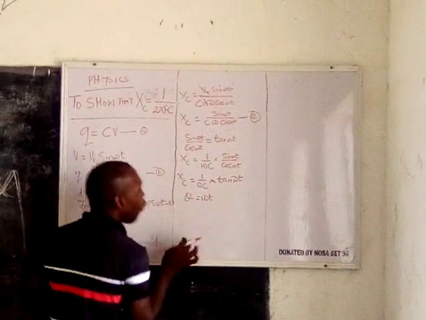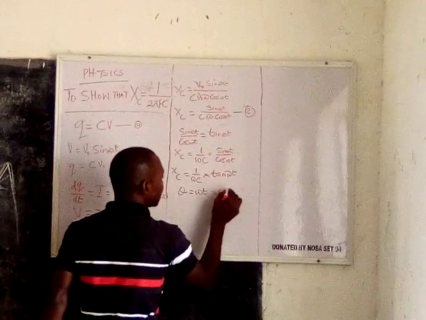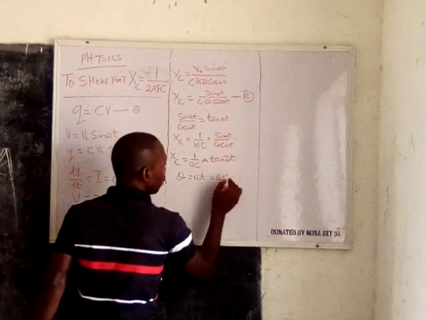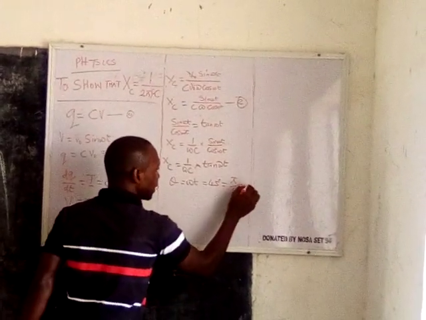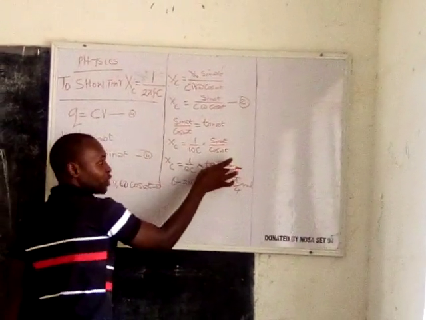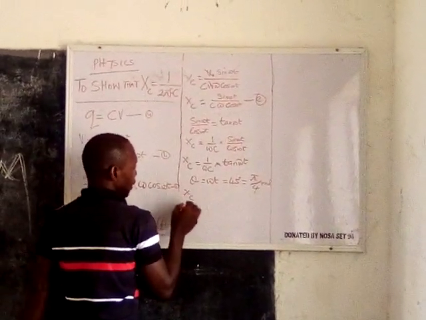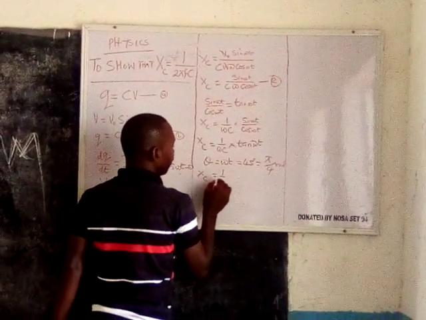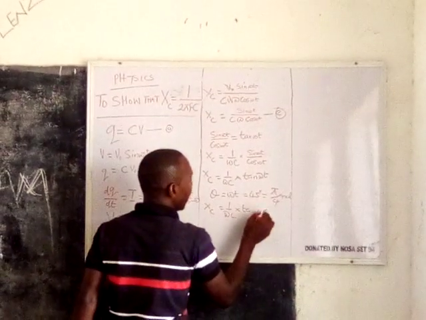If theta or omega t is equal to 45 degrees, which is the same as pi over 4 radians, and we put it in this equation, we will have Xc equal to 1 over omega C multiplied by tan 45 degrees.